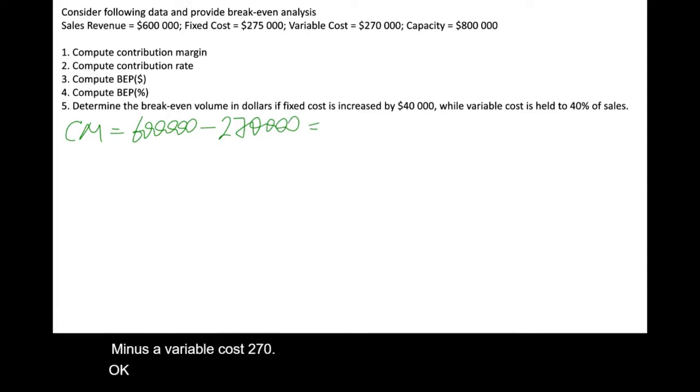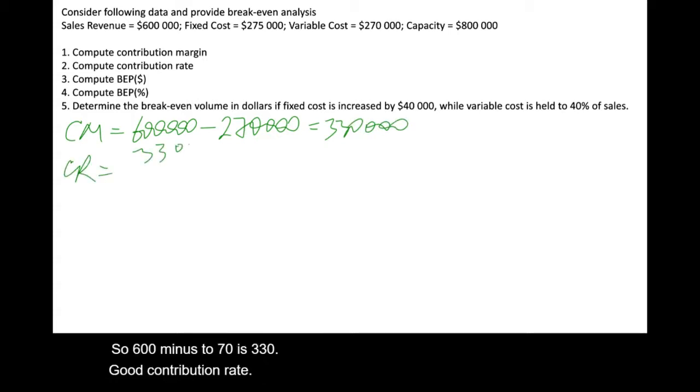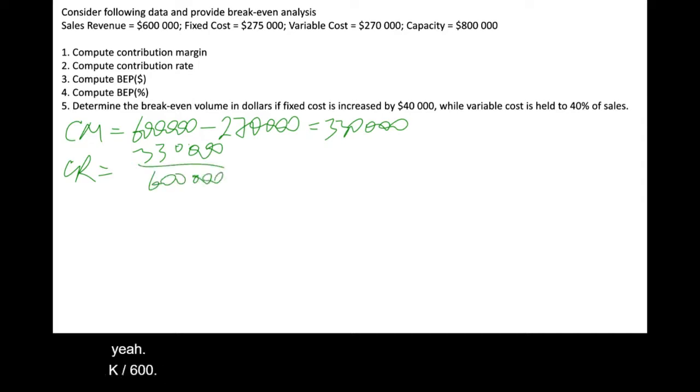So 600 minus 270 is 330. Good. Contribution rate, 330 over 600. So what is it? It is 0.55.